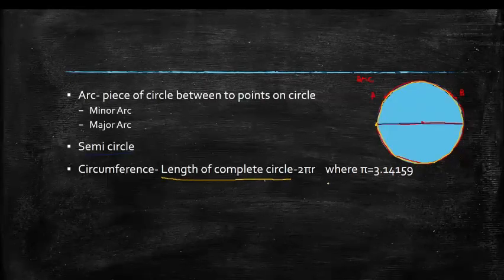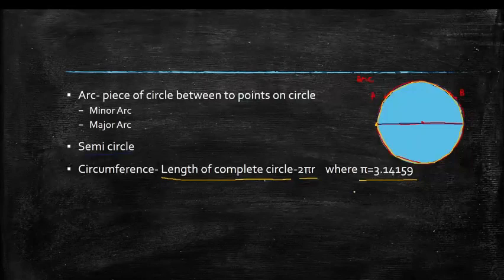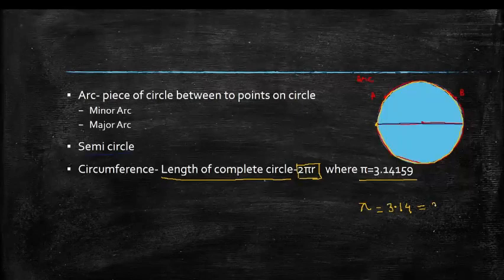And if we want to find the measurement of this circumference, we have the formula 2 pi r, where pi is 3.14159. So my dear students, if you have to find the value of circumference, you need to remember this formula, that is 2 pi r. And the value of pi, I am sure you would all have learned, but you need to learn only till 3.14, or it is also equal to 22/7. Okay, so it's something very important.